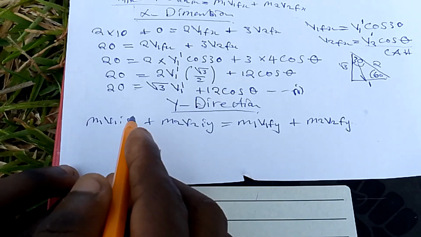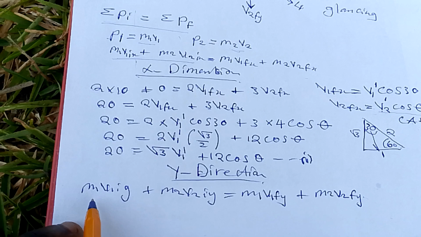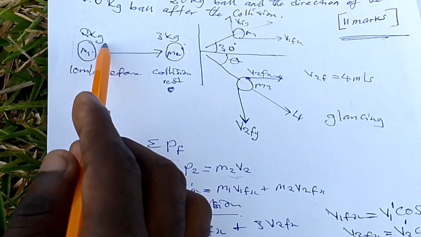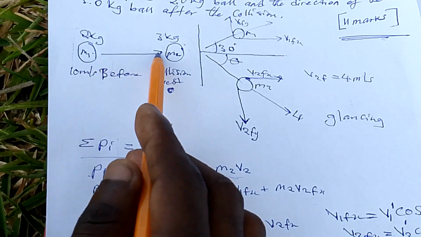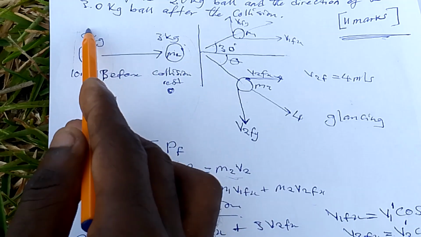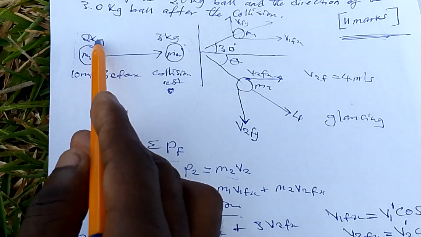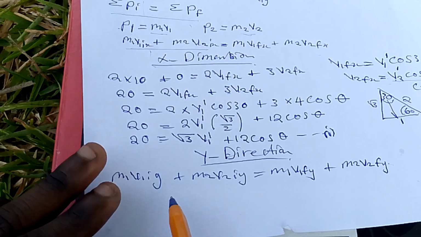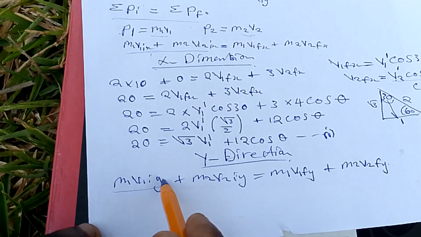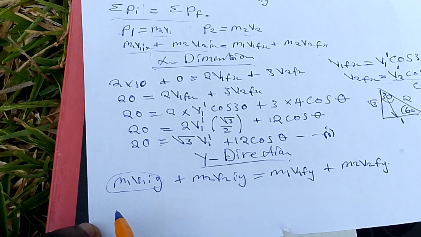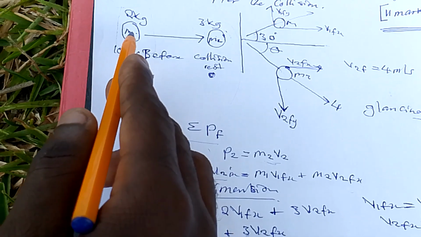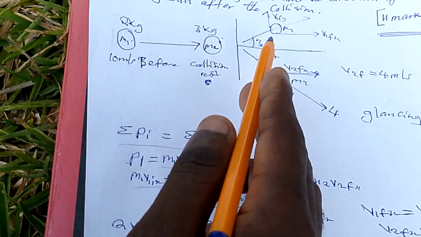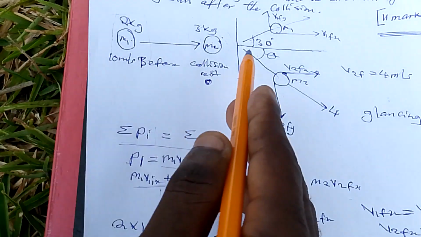So from here we can just interpret some things. So let's consider these two balls. This one, was it going in the x direction or y direction? Since this ball is not going up or down, that means it has no y momentum, you get, because the ball was not going up or down. It was just going from left to right or right to left, horizontal.